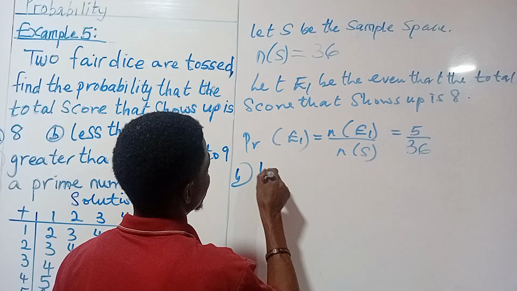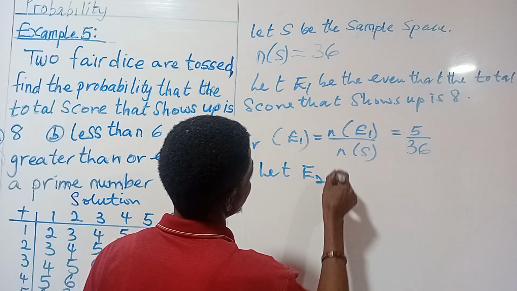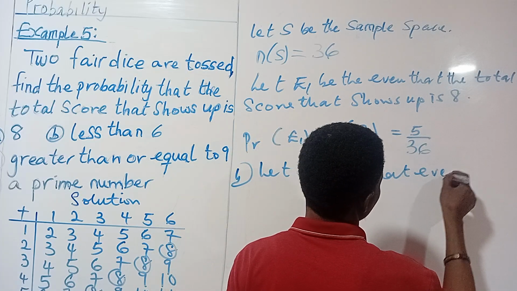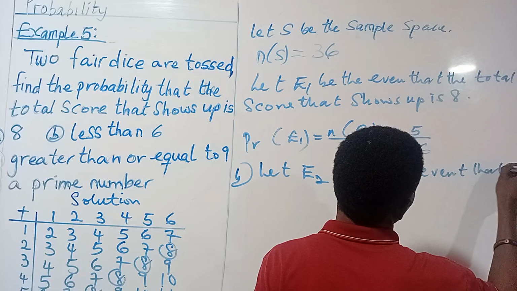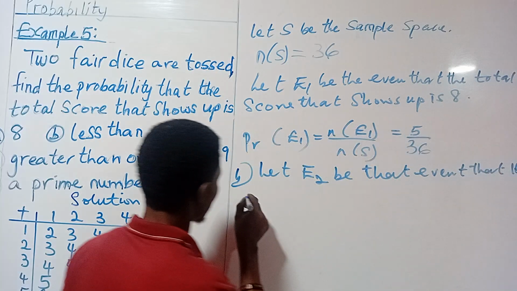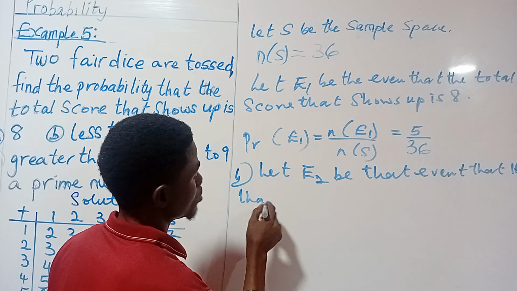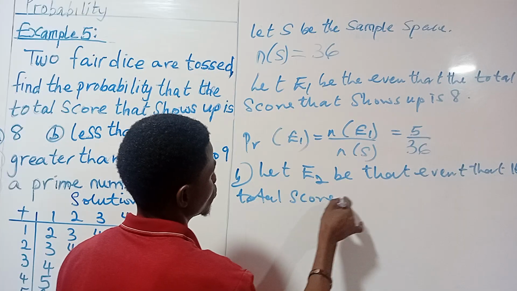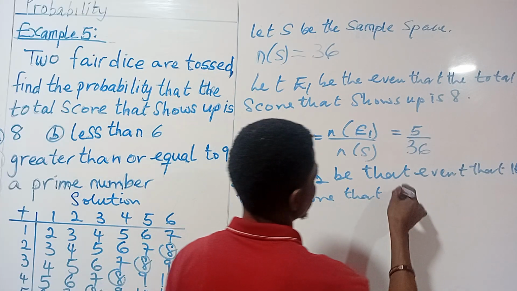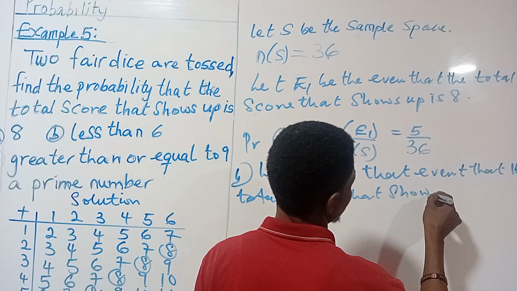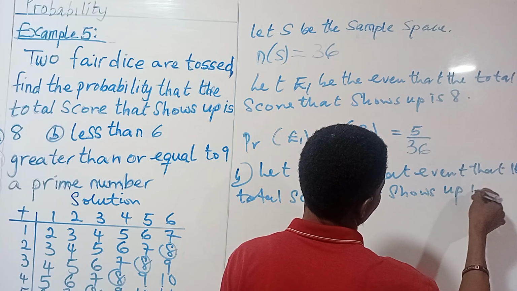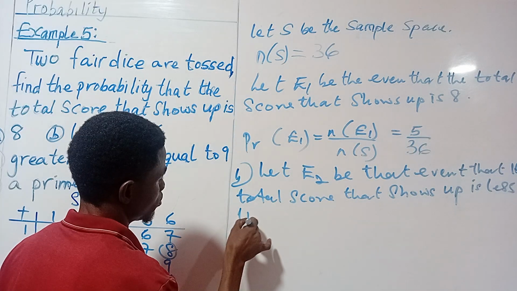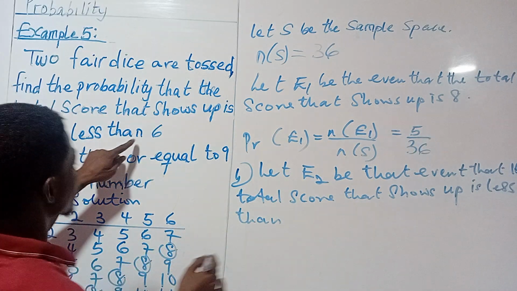So you are going to tell you that let E2 be the event that the total score that shows up is less than 6.